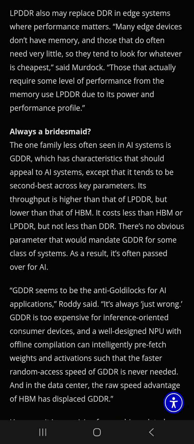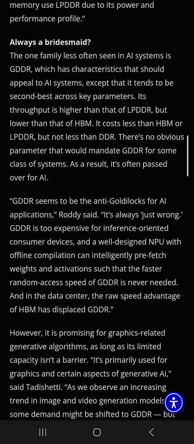Its throughput is higher than that of LPDDR, but lower than that of HBM. It costs less than HBM or LPDDR, but not less than DDR. There are no obvious parameters that would mandate GDDR for some classes of systems. As a result, it's often passed over for AI.